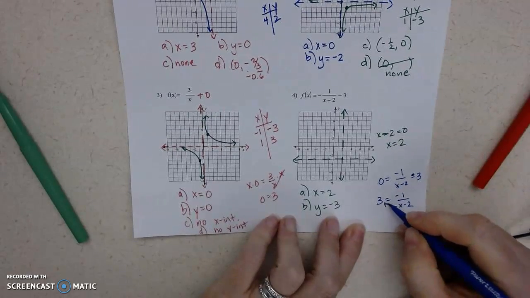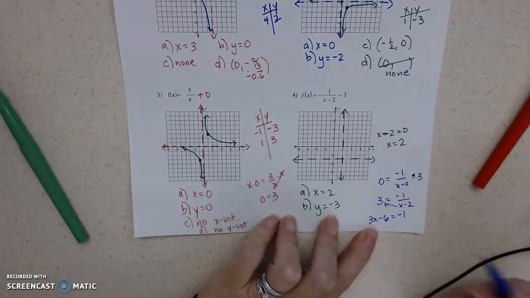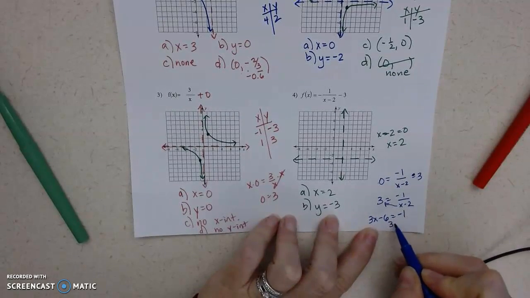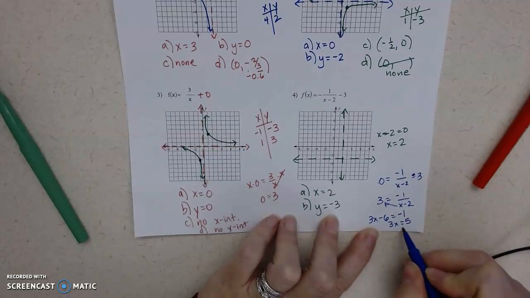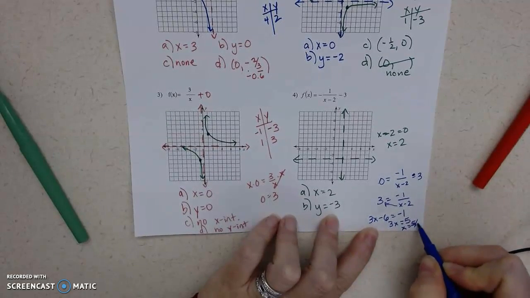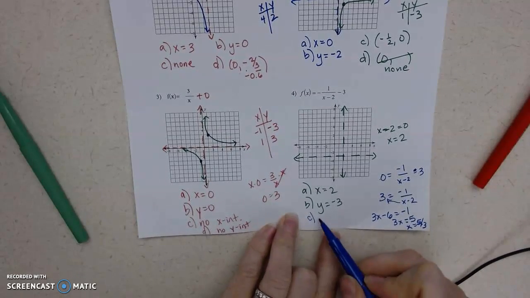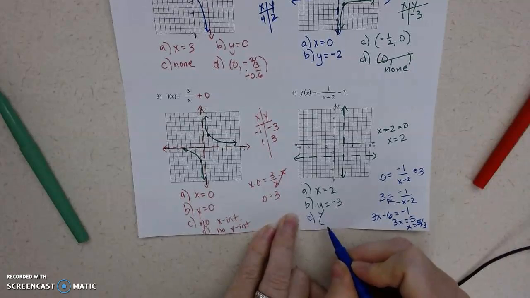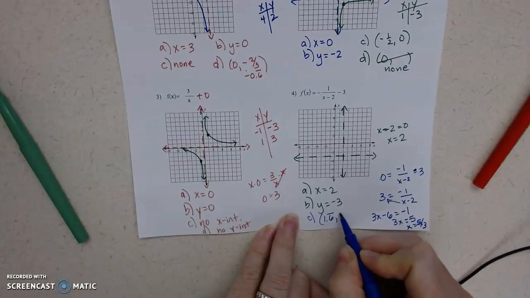So we'll multiply by the denominator, which means to distribute. Add 6, and divide by 3. So we get 5/3, which is 1 2/3, so 1.6 repeating.